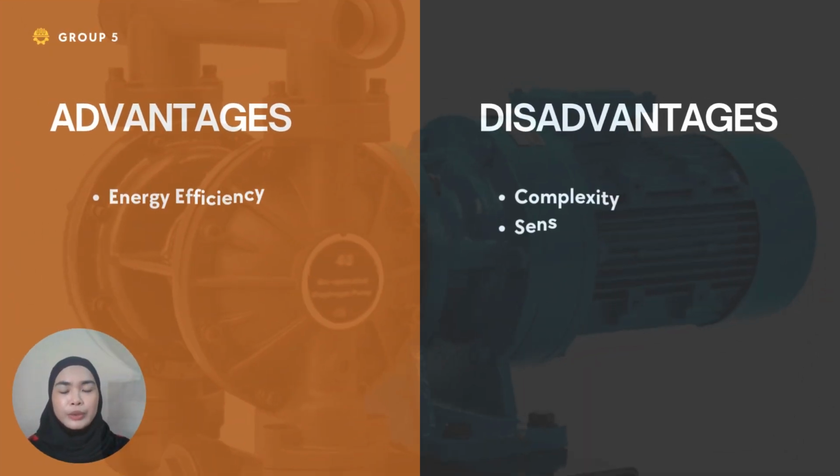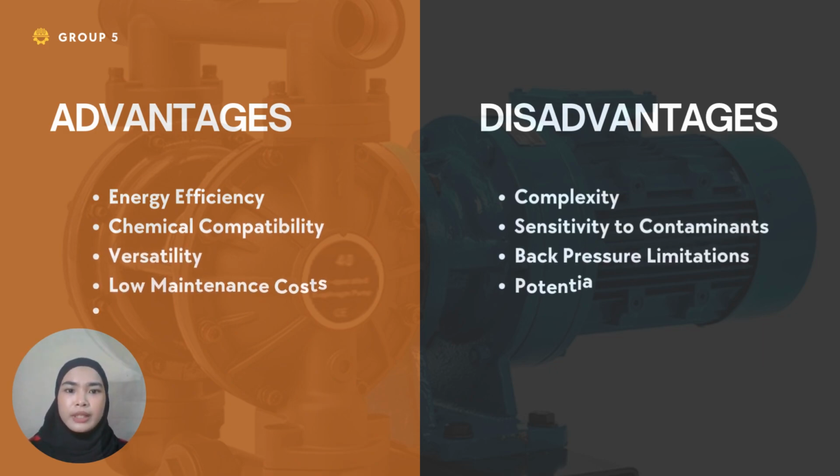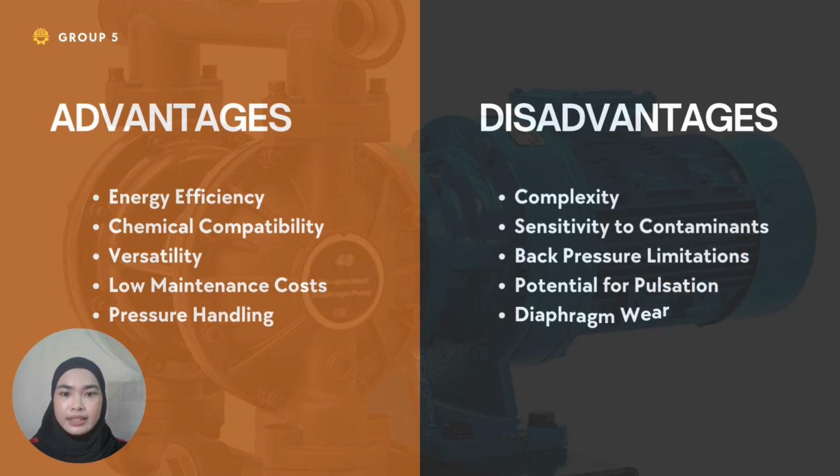We will continue the presentation with the advantages of the diaphragm pump. Diaphragm pumps are generally energy efficient, applying greater force during the forward stroke, which can lead to lower operational costs over time. They also have chemical compatibility.